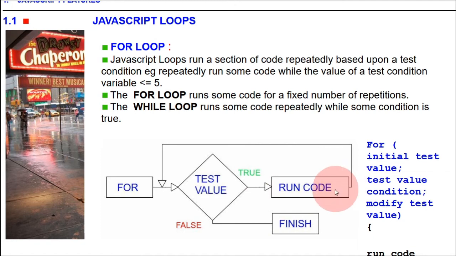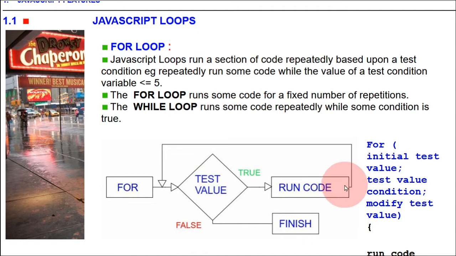Once we've run the code once, we loop back to the beginning and run it again. So we test the value again, x equals 2 now. So okay, that's valid, so let's run the code again.